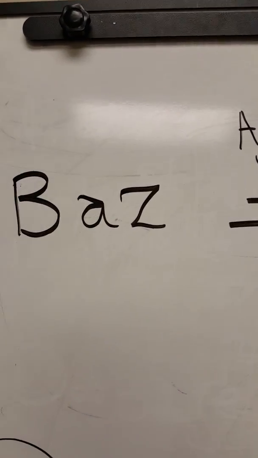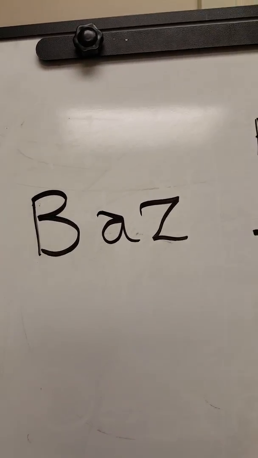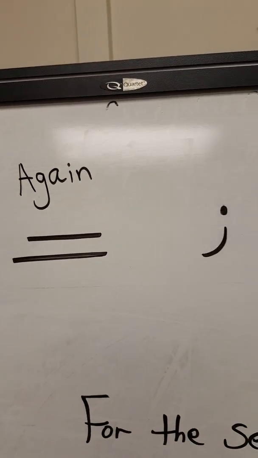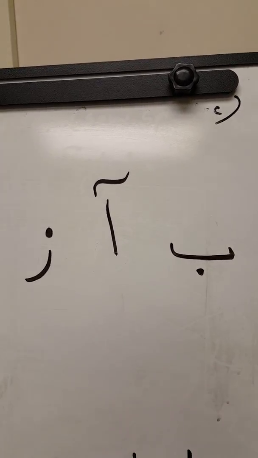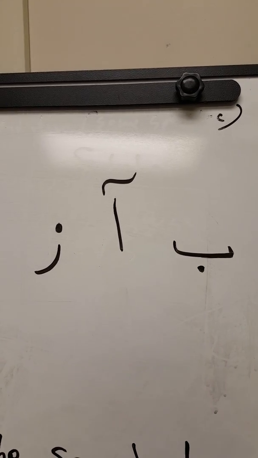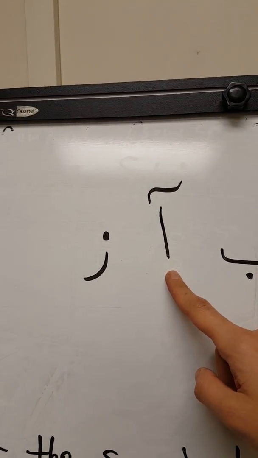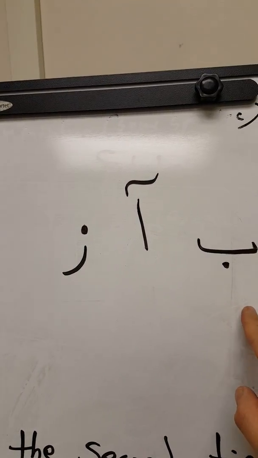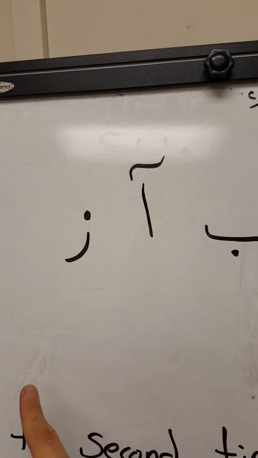So as you can see, B-A-Z, baz, in Farsi means again, and that's how the alphabet for baz is equivalent in Farsi. This is letter B, this is A, this is Z. In Farsi, they write from right to left.